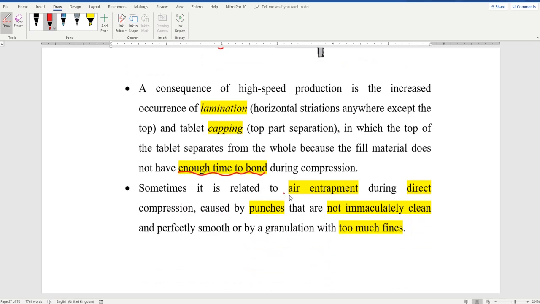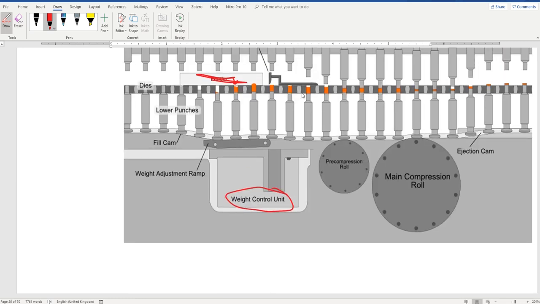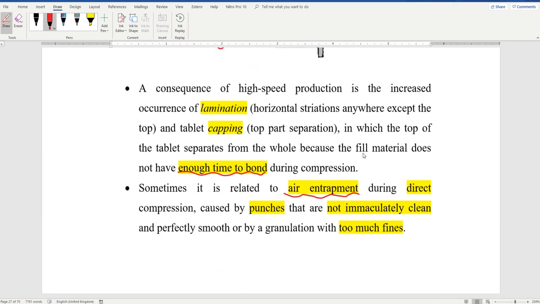Another problem is air entrapment. If you do the filling of the die cavities very quickly, you might have air. This is one reason why we have a pre-compression step, to remove any extra air that might be inside. The presence of air will cause a problem of lamination or capping.